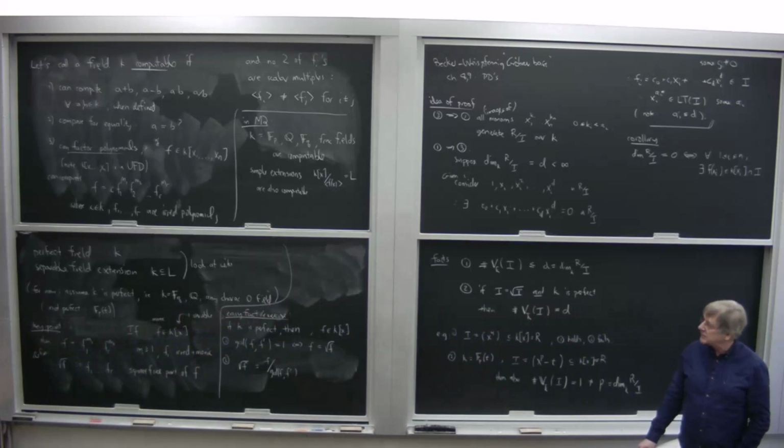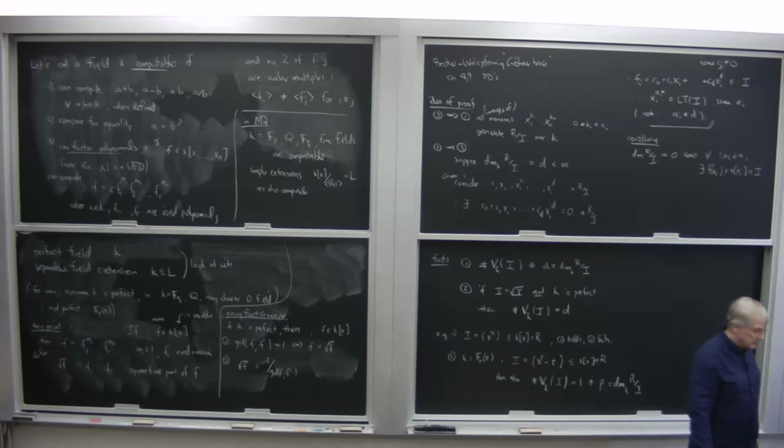Let's see. If it's irreducible, like x^2 - 6, that factors as (x - √6) times (x + √6). But that doesn't have multiple roots. If it starts off irreducible, then what did I say?